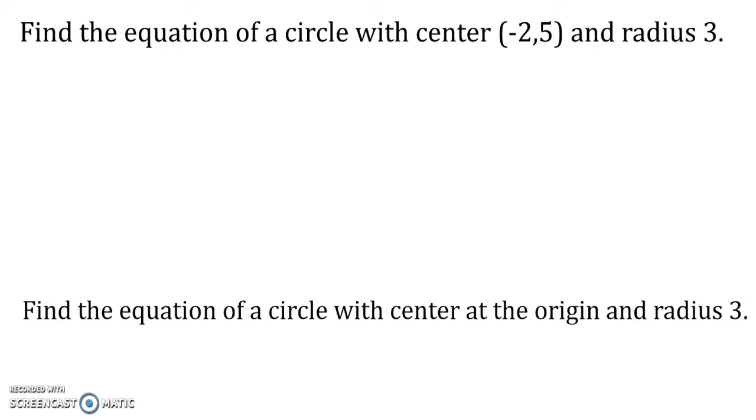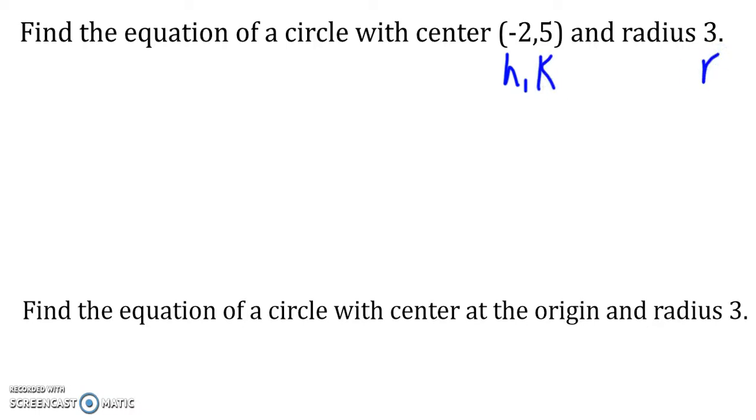So in our first slide, I asked you to write the equation of a circle that's centered at (-2, 5) and has a radius of 3. So if you look right back next to it, you know that this would be h, and this would be k, and this would be r.